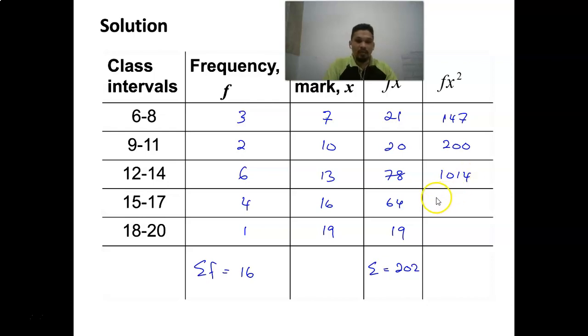Then 1014, 1024, and 361. And the summation of f x squared equal to 2746.